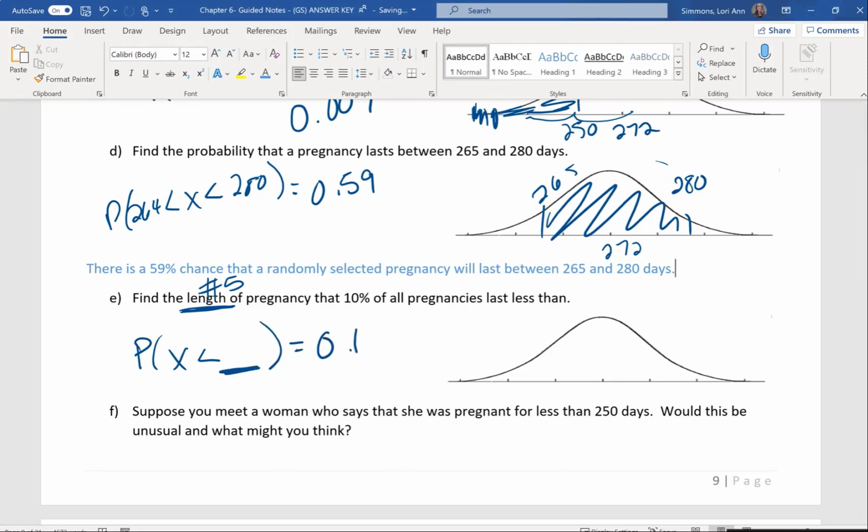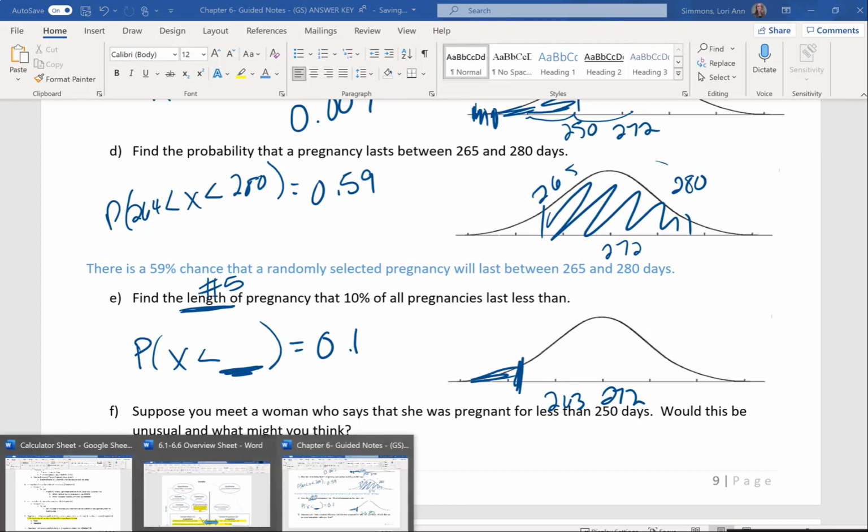We know it's equal to 0.1. So this is the value we want to know. The 0.1 is what number 4 in the calculator sheet would get you if you knew this value. So again, 272, 263. So what value is going to be right here?